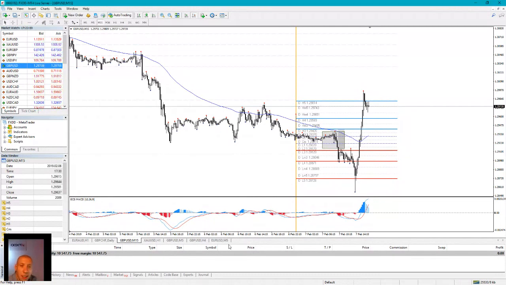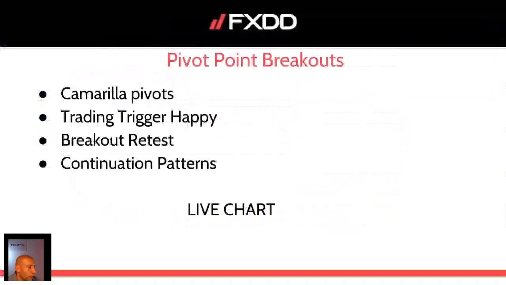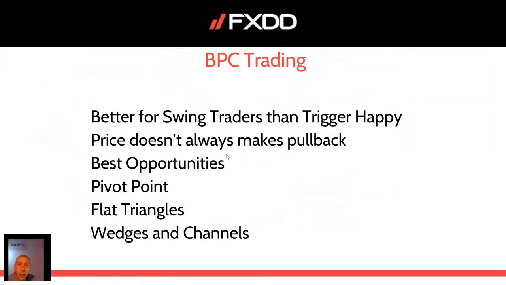Okay. Now, guys, what is also important is, again, I'm getting back to BPC trading. Breakout pullback trading is much better for swing traders than trigger happy. You need to know that BPC trading is always best on higher time frames, so 1 hour or 4 hour.